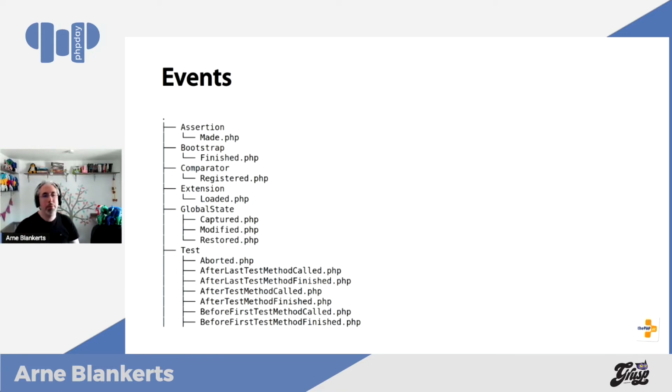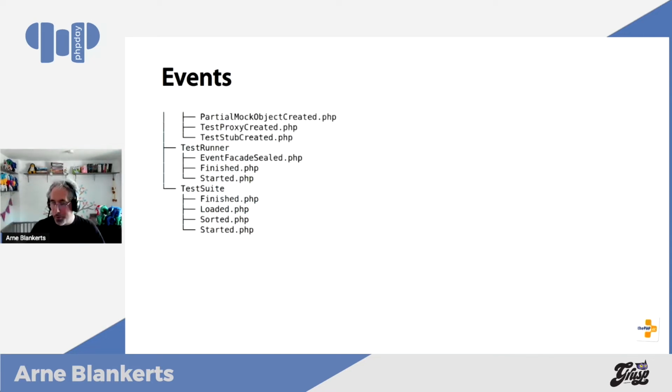So if you have the unlucky situation that you have to deal with global state and have to back it up and restore it, that's the event that will be emitted for that. And of course, we have all the test things and all the reasons why tests might actually have failed. And there's a lot more, so there's quite some events going on.